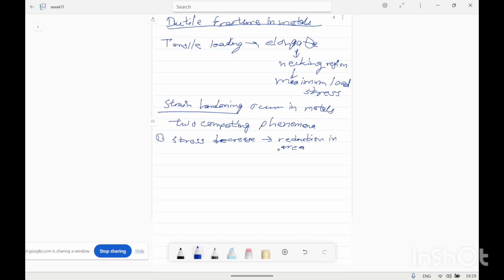This reduces the load bearing capacity of the metal.